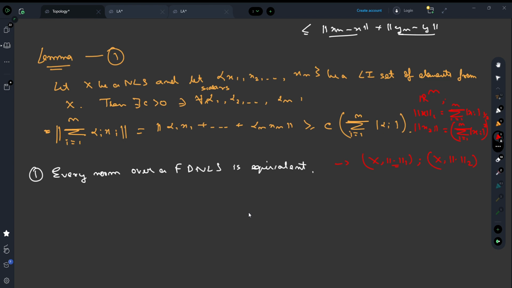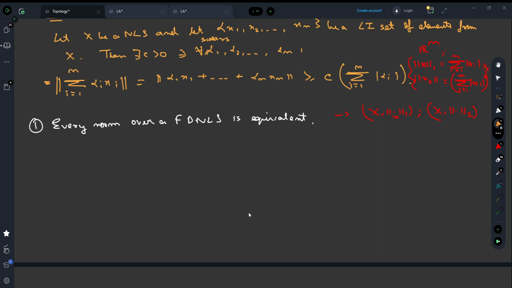Suppose we choose x equals (x1, x2), so let us consider R2. What is the 1-norm of x? This is mod of x1 plus mod of x2. And what is the 2-norm of x? It is mod of x1 squared plus mod of x2 squared, whole to the power 1/2. These two are well defined norms on R2.